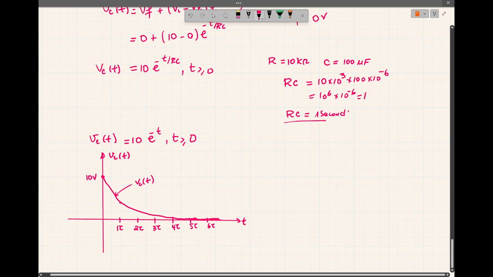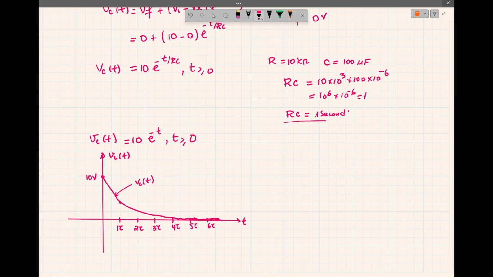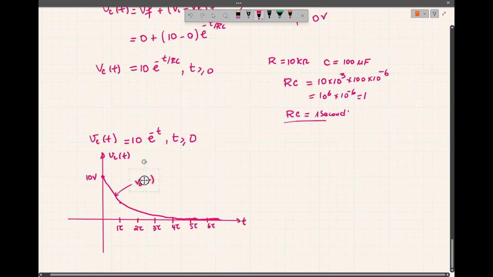In the next video, we are going to solve a network that's slightly more complicated. For that video, we are going to find the equivalent resistance seen by the capacitor. Here we have a series network, so it's easy to solve.